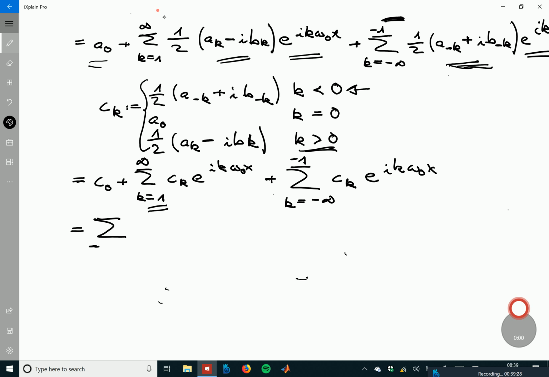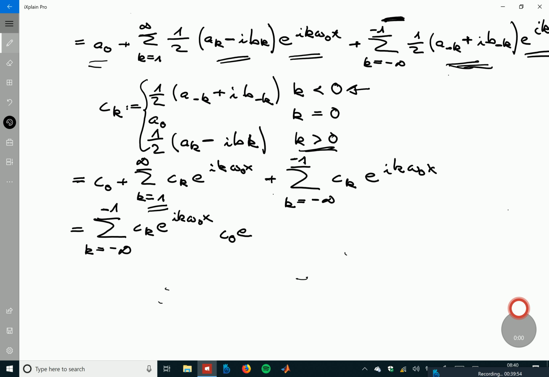So we start with our sum over k from minus infinity to minus 1 of c_k, so I'm just putting the last term of the sum first now, and then I'm re-expressing the c_0 as e to the power of 0.